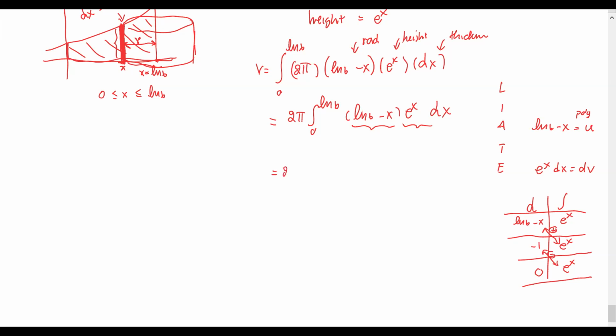So V is 2 pi multiplied by, from the tabular method, the first product, natural log 6 minus x multiplied by e to the x, with a plus sign, and then a minus sign for the next product, which is the product of negative 1 and e to the x. And then evaluate from 0 to natural log 6.